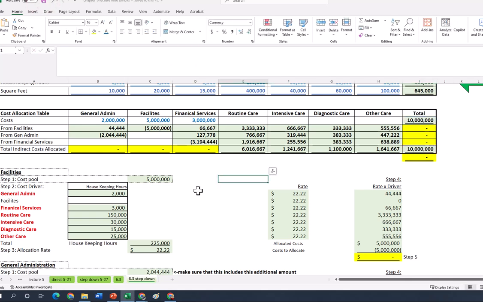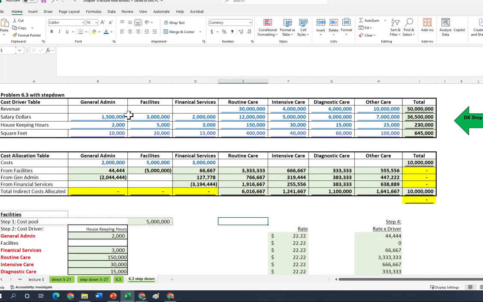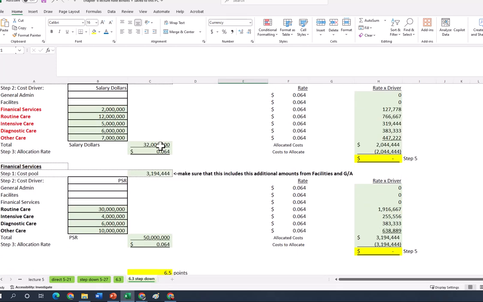So you're not going to have to do any of this in the real world, but it at least illustrates in a tactile, almost the way you can touch it, the way step down and direct work, and hopefully you've picked up a few minor or important conventions on neat and orderly spreadsheets, because again, none of what I teach you matters if you can't apply it, and you can't apply it if you don't know good Excel modeling skills, because if you don't, one day you will make a mistake.